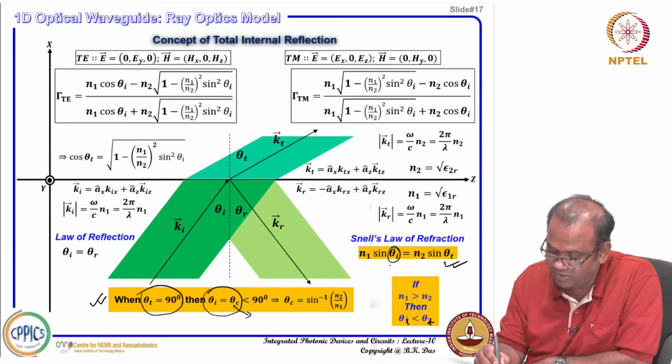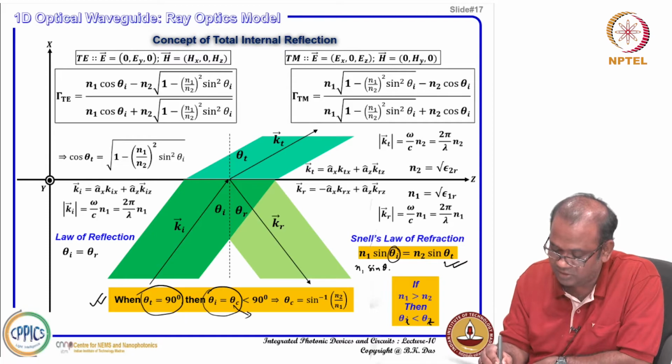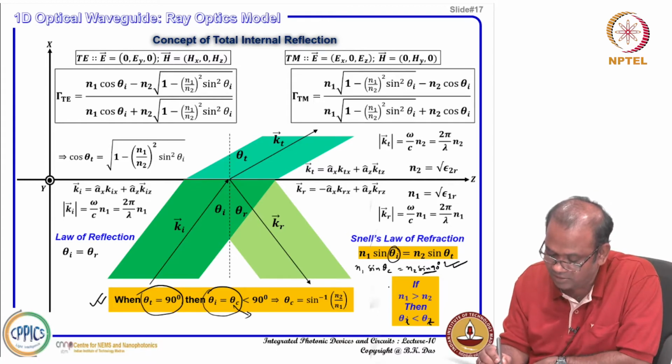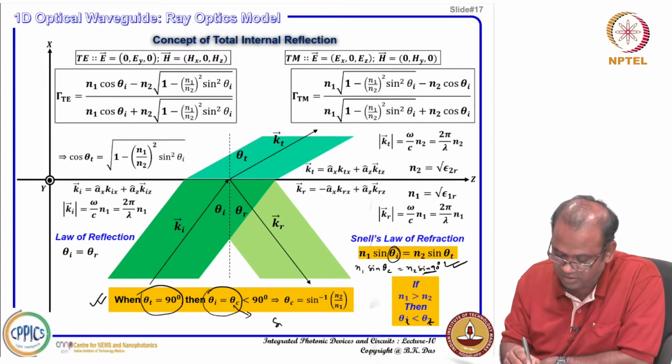So I am putting n1 sin theta c equal to n2 sin 90 degree. Sin 90 degree is 1. So I can find sin theta c equal to n2 by n1. That means theta c equal to sin inverse n2 by n1.